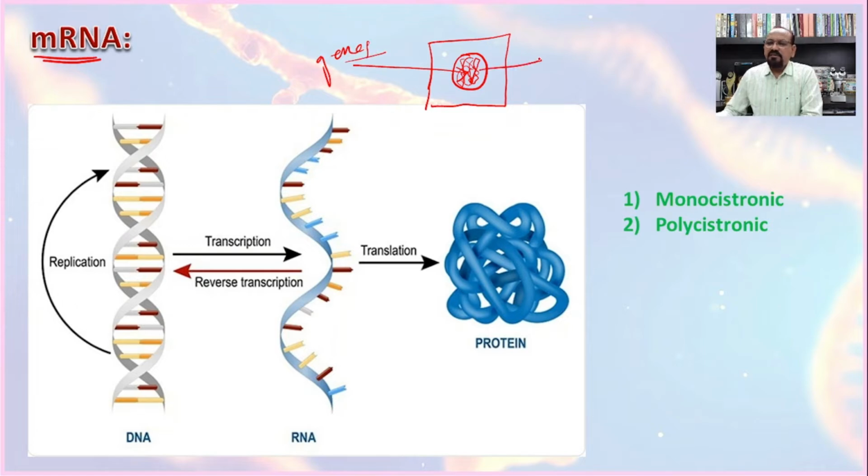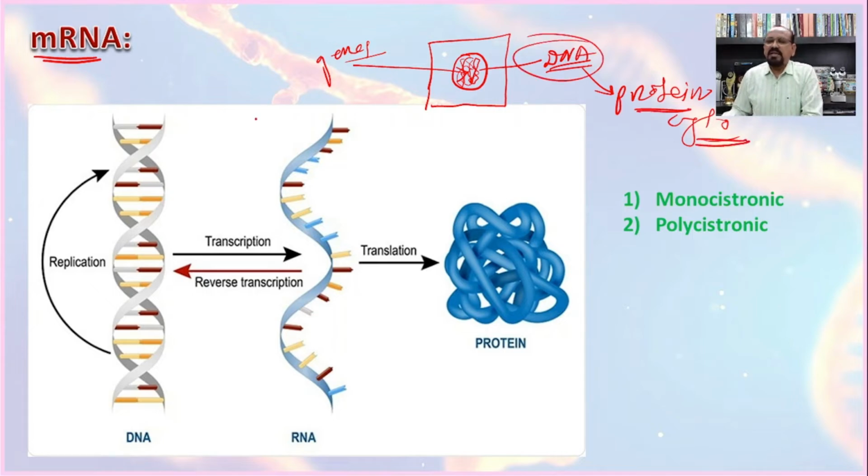It means that the information present on the DNA in the form of genes is utilized for the formation of protein in the cytoplasm. And hence, if protein synthesis is carried out in the cytoplasm but the DNA is present in the nucleus, there is a necessity to transfer this information from the nucleus to the cytoplasm.